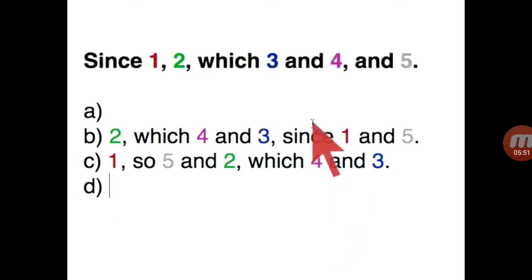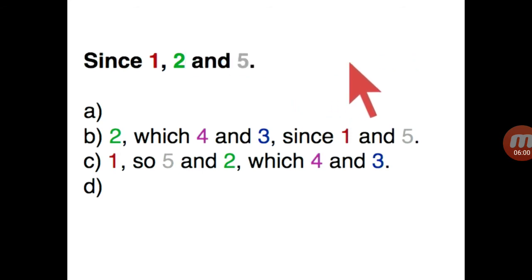Bringing back our main sentence, we see a unique relationship. Since 1, 2, then some extra information about 2 and 5. So since is actually modifying, you can say, both 2 and 5, because these are the main clauses. Since I'm hungry, I ate breakfast, and I had dessert.